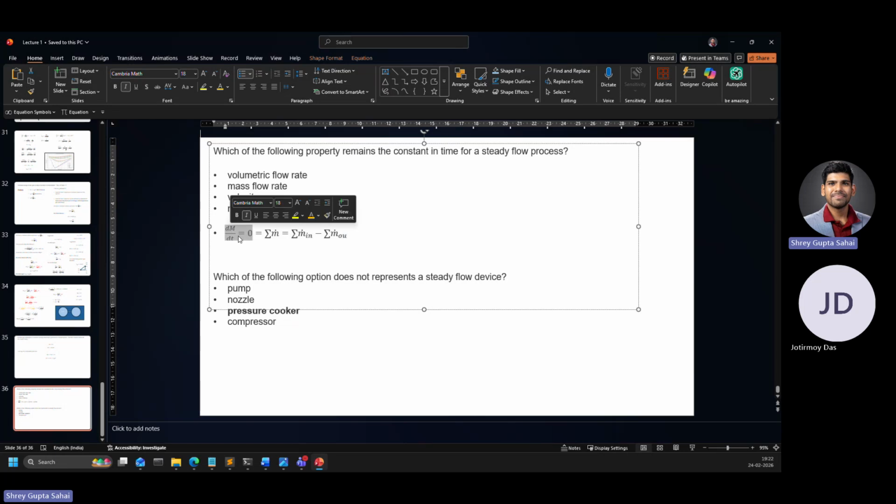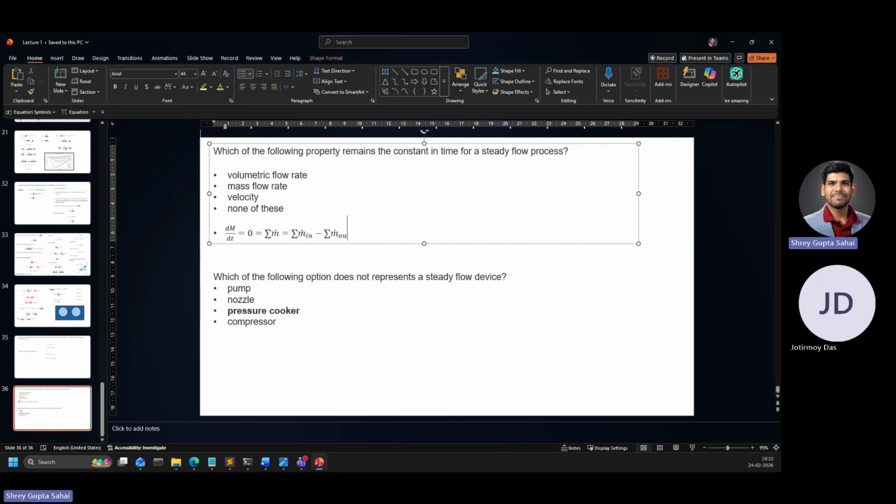System is at some state, it's not moving. But if there is a steady flow, then these two should be equal, which implies that these should be non-zero finite quantities. But in a pressure cooker, one of them is 0.